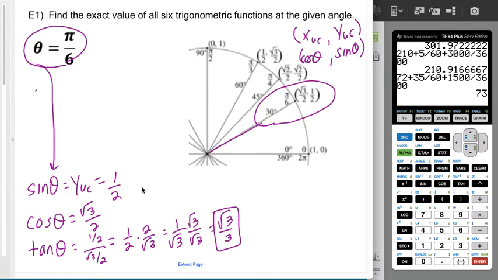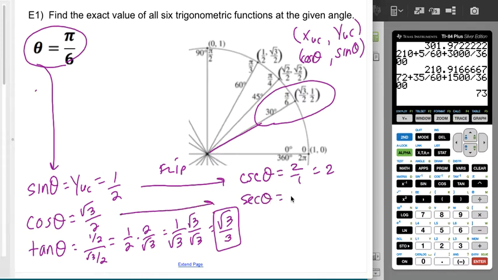Now, the other 3 trig functions are actually pretty easy because I'm just going to flip them, right? So the cosecant of theta is going to be a 2 over 1 or just a 2. The secant of theta is going to be a 2 over a √3, which I would then have to rationalize because we don't leave the root on the bottom. So I would get 2√3/3. And then for the cotangent, I would suggest that you don't flip the rationalized form.